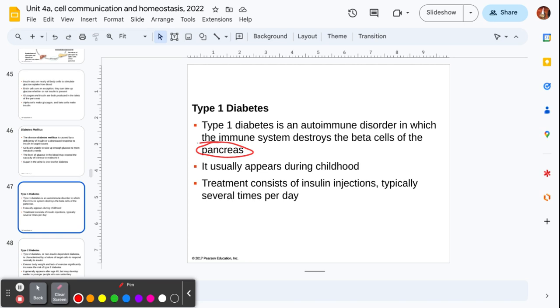I actually rode with a woman who has type 1 diabetes, and we would do these long rides. We were trying to do a century, which is a 100-mile bike ride, in under 5 hours.